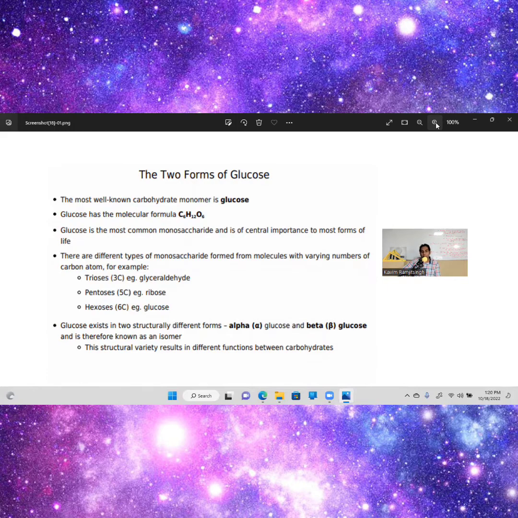Glucose exists in two structurally different forms, alpha glucose and beta glucose, and is therefore known as an isomer. So these two, alpha and beta, are known as isomers, as in CSEC chemistry. It will be the same molecular formula but different structural formula, right?